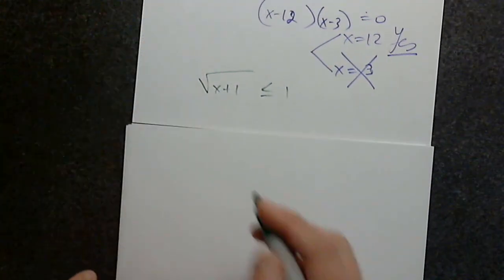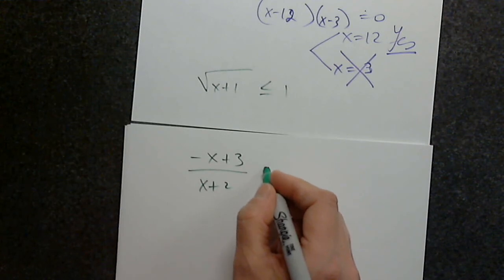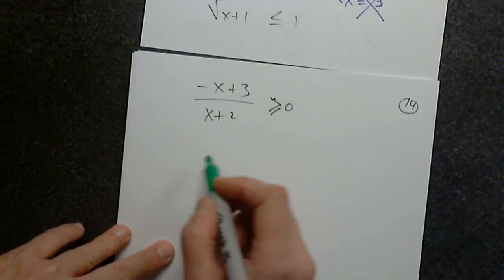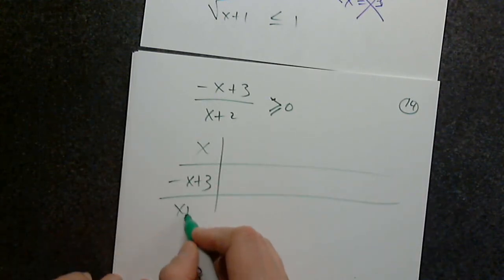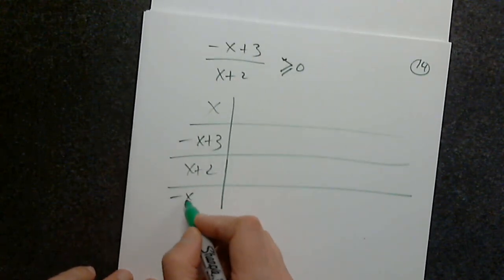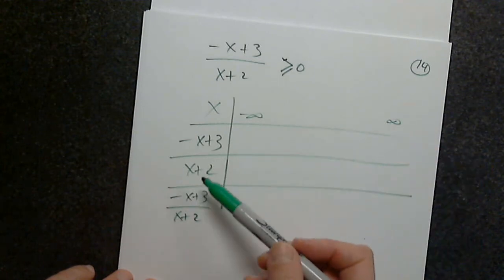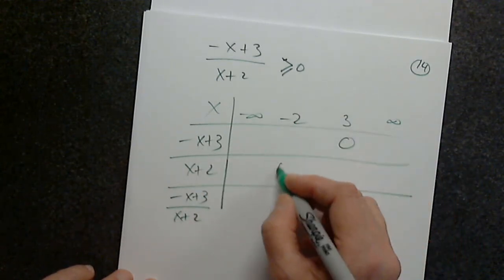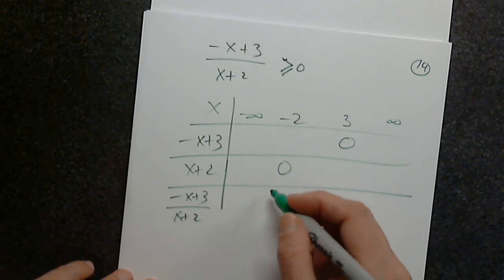For a rational inequality, say negative x plus 3 over x plus 2 greater than or equal to 0. We had something similar but with a product. So the critical values are negative 2 and 3.